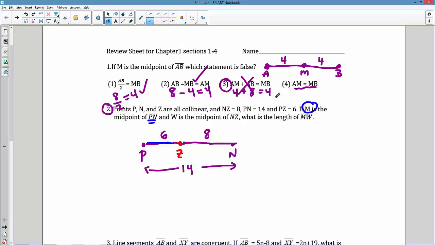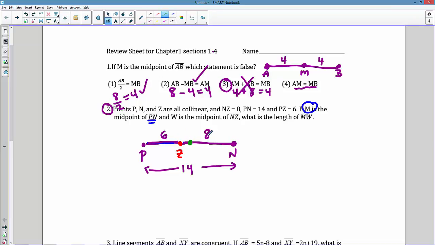All right. Okay, so it says M is the midpoint of PN, right? So here's 14. It's 14 all the way along this length, right? So if we go from this end here, the N side, and we went 7 back, that would put us right about here, right?